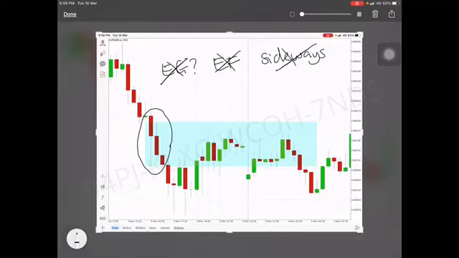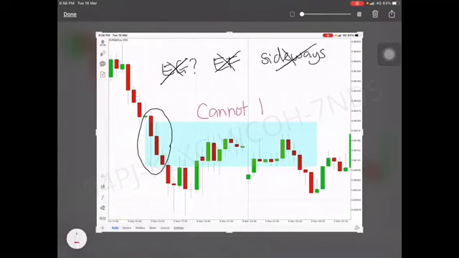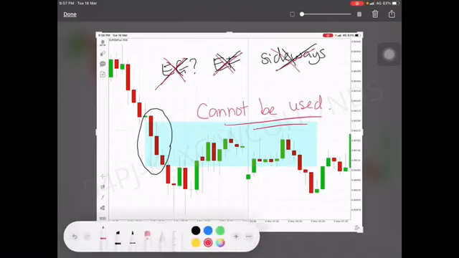No. So this area cannot be used, because there is no engulfing, no EF, and also no sideways. Sideways means that it looks something like this.